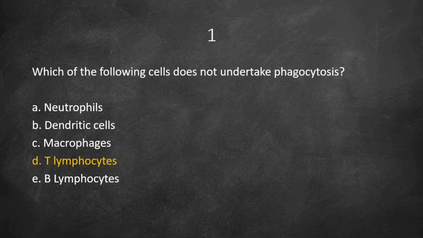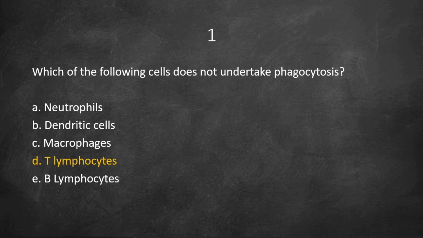What they do is that they produce antibodies, and these antibodies can activate complement to lead to the lysis of bacteria, and so on. So strictly speaking, they also do not undertake phagocytosis. So actually D and E are both correct, but we have to choose just one answer. So we choose D, the T lymphocytes.